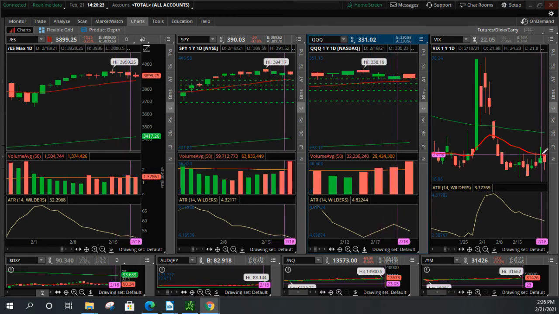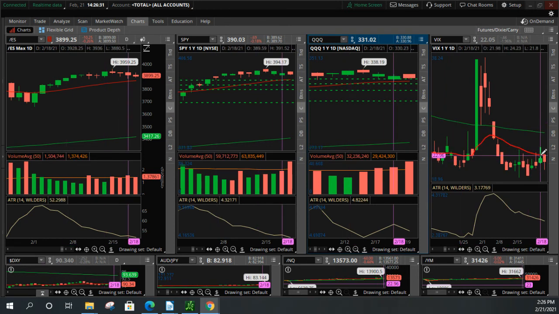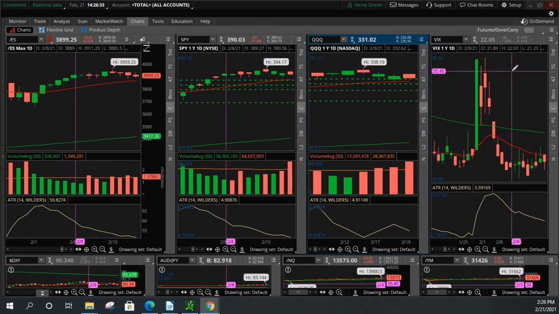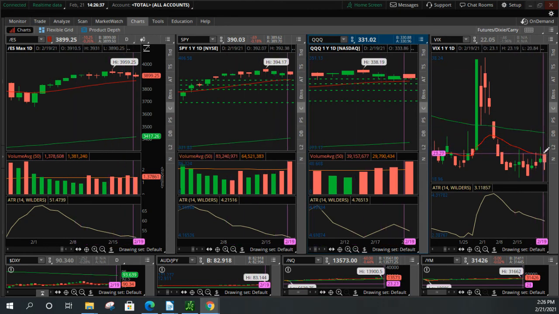So it's still showing me a bit of downward sentiment. So that fear is not going way back up, right? When I start seeing that VIX close above the 21-day and start creating a base there, that's when I get a little bit more cautious about taking call positions.